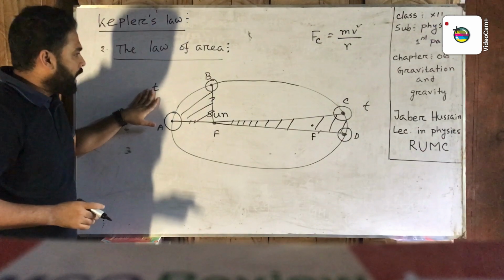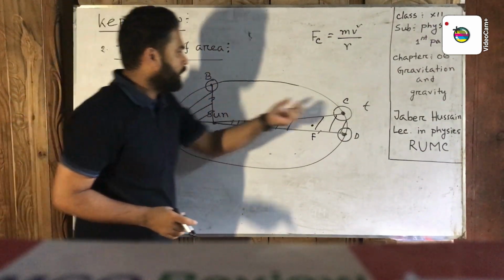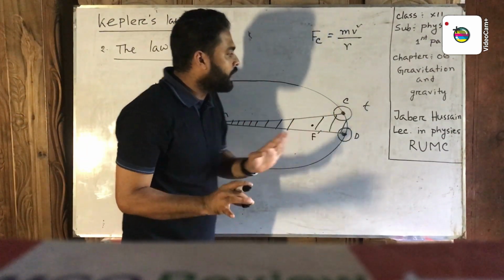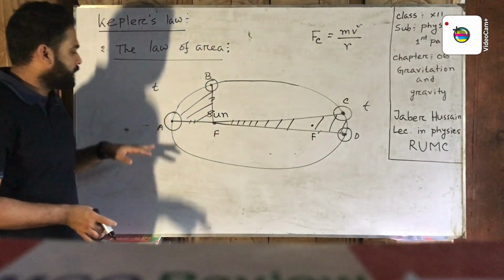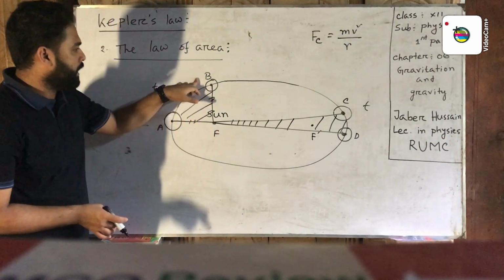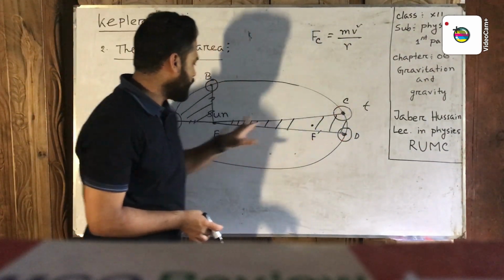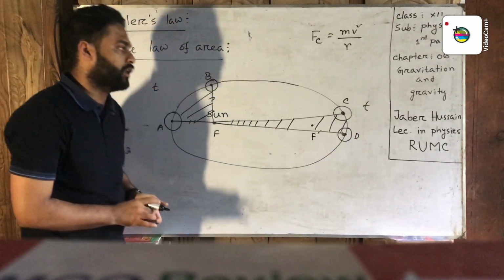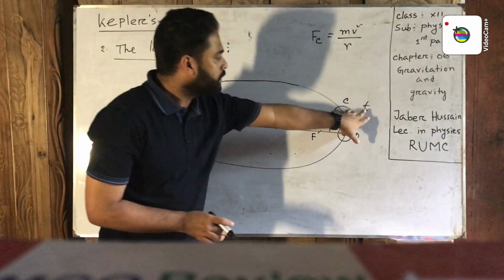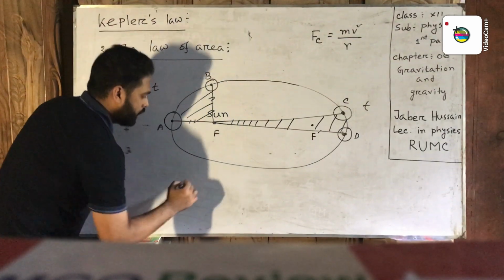If the time t is equal, then the area AFB and the area CFD are equal.